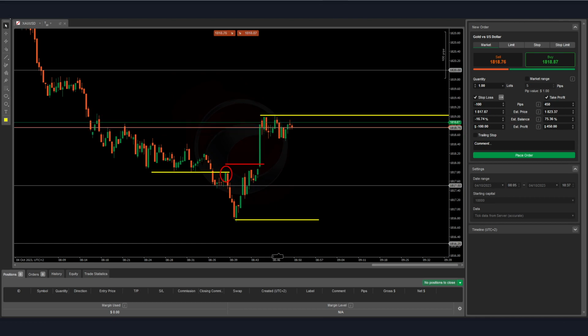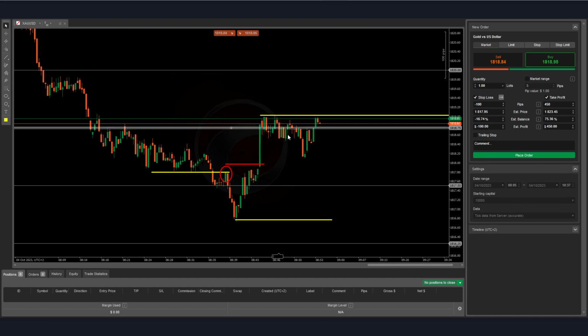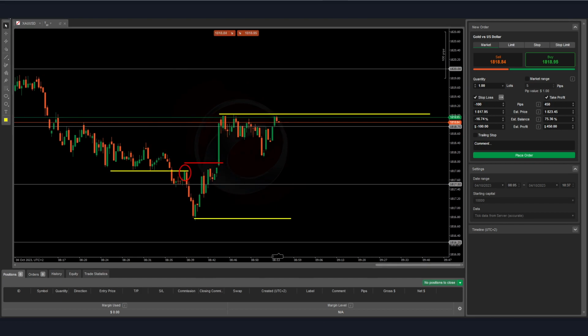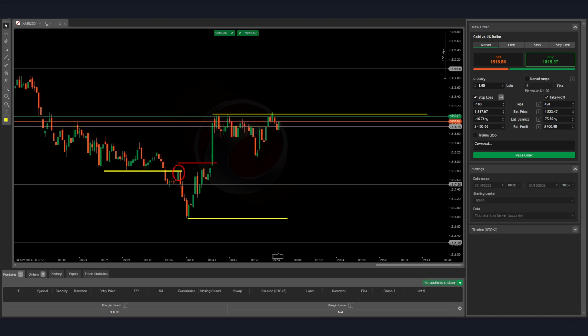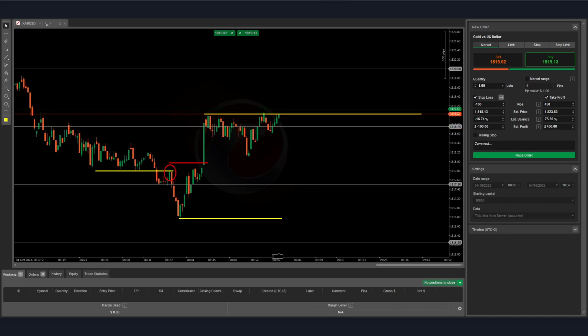The momentum is quite good, and we failed to break below 1815, 1816. Okay, now let's see if we break above and we retest it. Okay, let me just slow down.